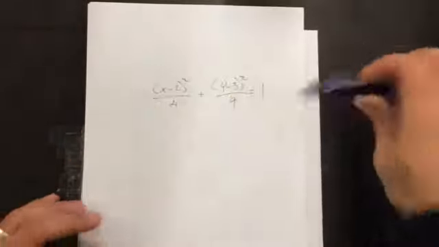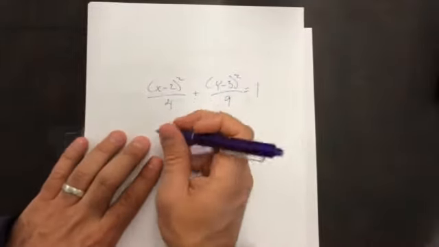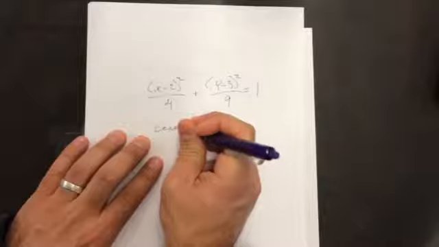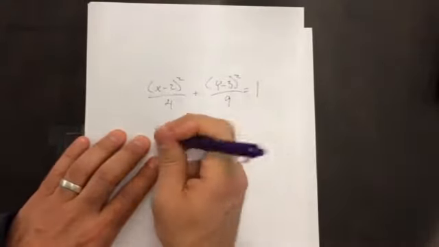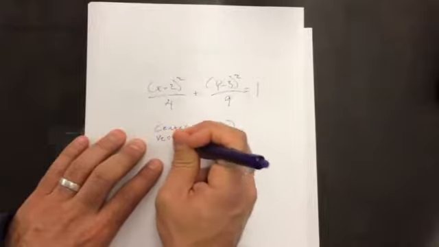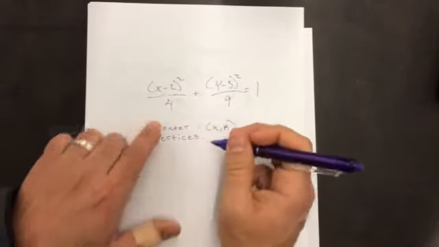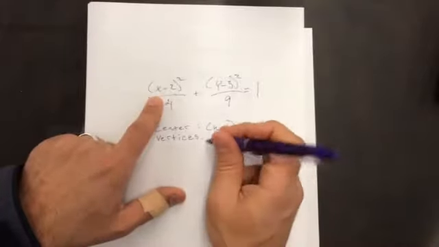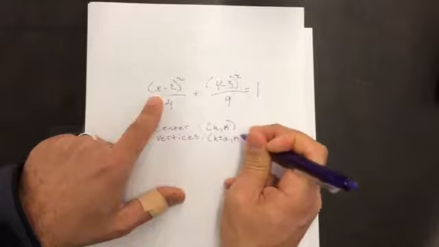Okay, so what we're looking at here, we want to figure out all of our information. We want to find the center, which is still h comma k. We want to find the vertices, which, because this one is horizontal, it's going to be h plus or minus a comma k.